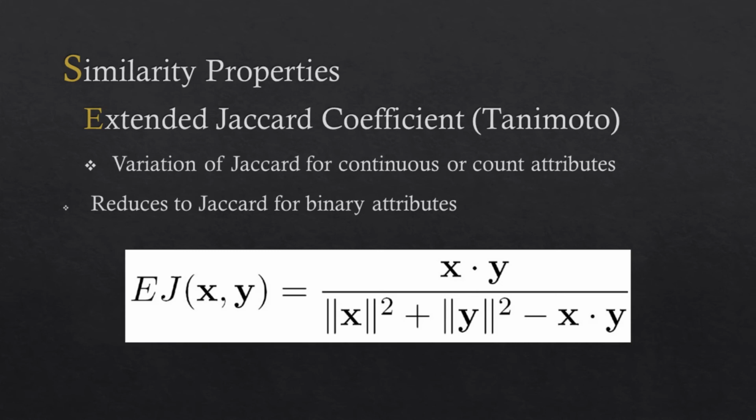So, ang formula is extended Jacquard of x, y is equal to x dot y over square of norm of vector x plus square of norm of vector y minus x dot y. Same lang ng process ito kung paano ginawa yung cosine similarity.